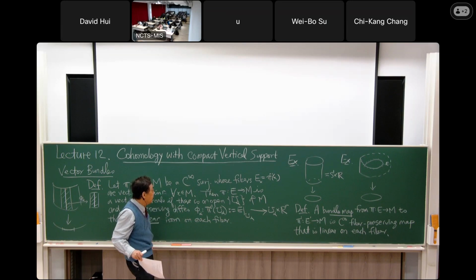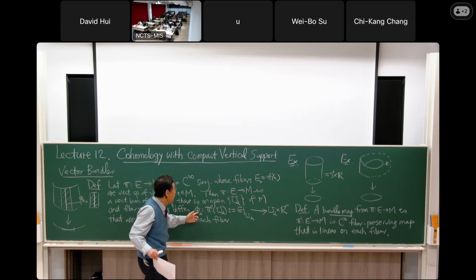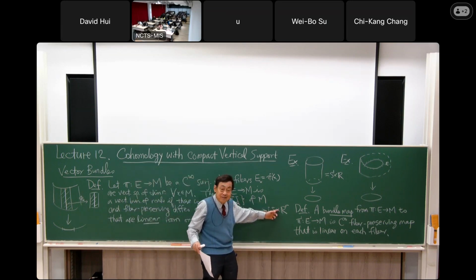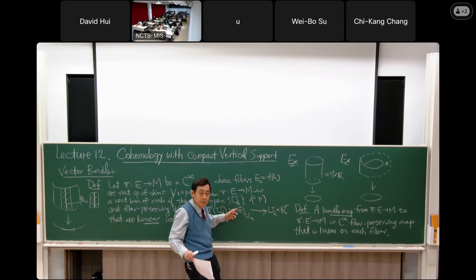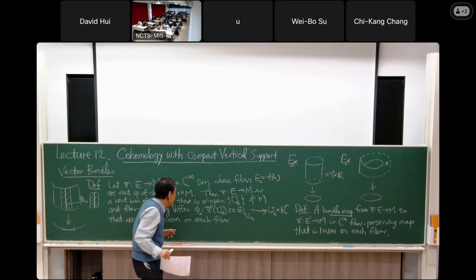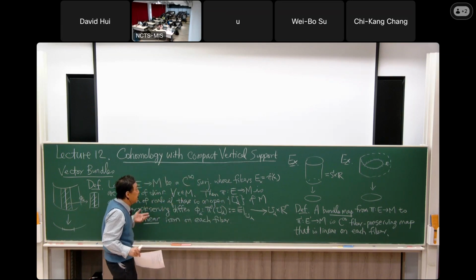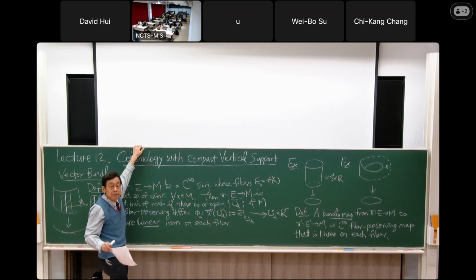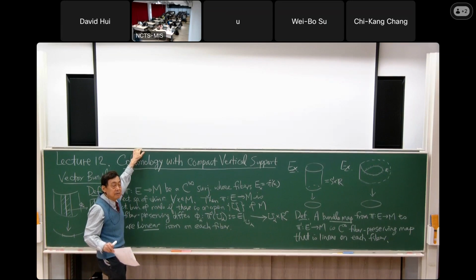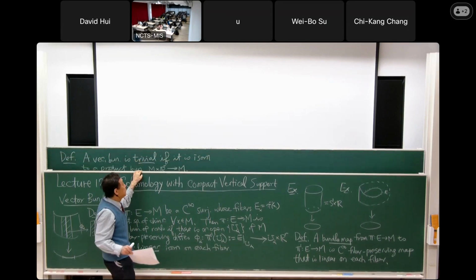So phi alpha is a trivialization. It actually gives you coordinates on each fiber. And of course, you can have different trivializations on the same fiber, right?